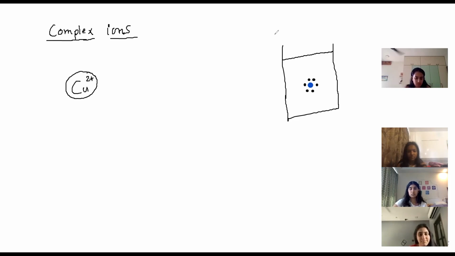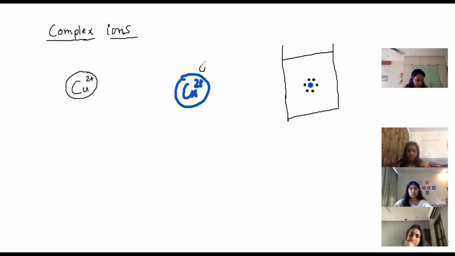Okay, now let's see the details of this particular blue dot that I have shown, surrounded by 6 black dots. That entirely is the complex ion. Now let's see the structure of that. In the water, when I'm adding this copper ion, I have the copper ion here, and I have water molecules around it.